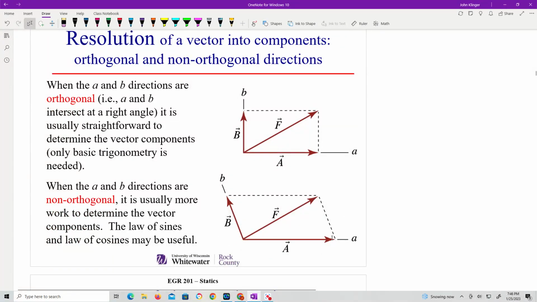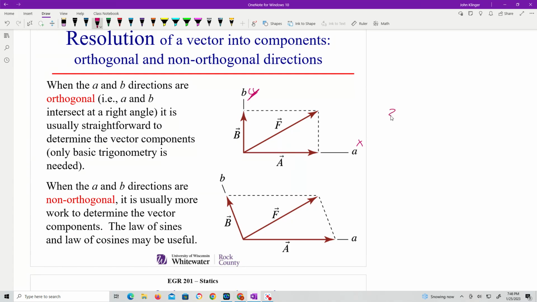So we can resolve our vector into different components, right? The top one is doing it in an orthogonal situation, essentially an x and a y coordinate system. And that seems to be a very good way to do it.